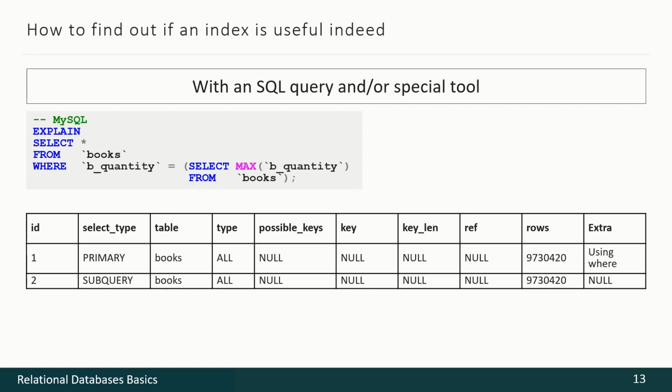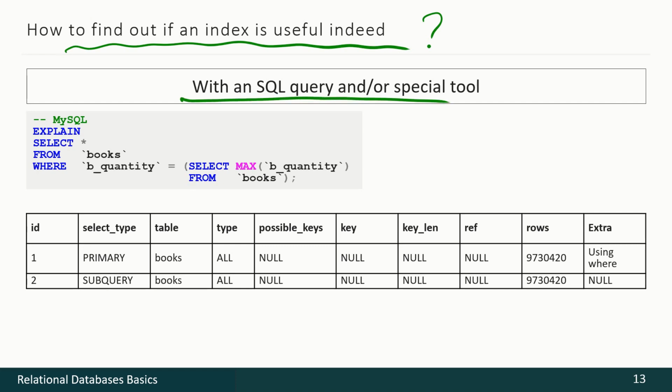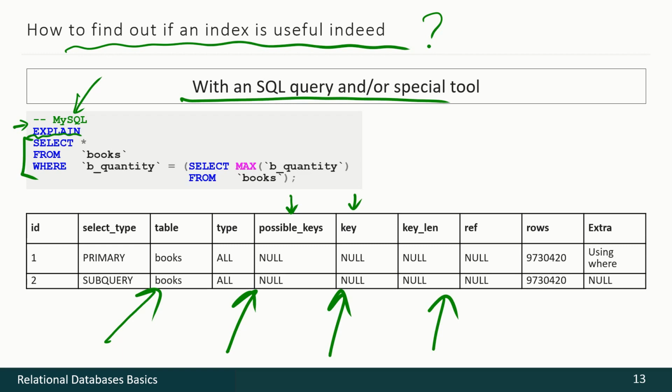But how can we know if an index is really useful without making some experiments? We may use an SQL query or maybe some special tools to see the query plan explanation. We shall review it for several DBMSs. In MySQL, all you have to do is add the word explain before your query, and you'll have a result similar to this. What we need here are those three fields: possible keys, key, and key len.